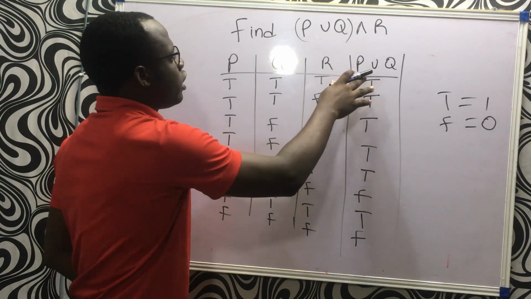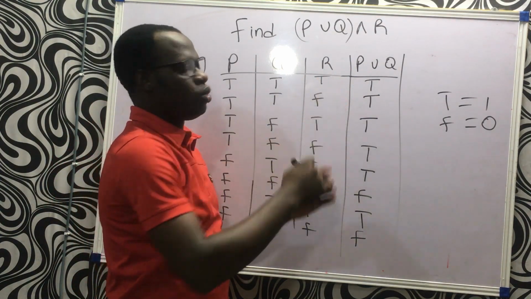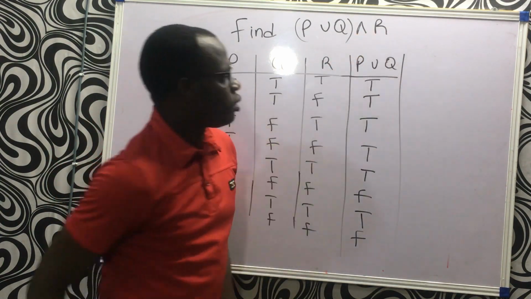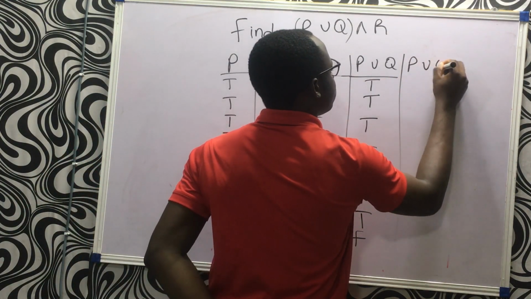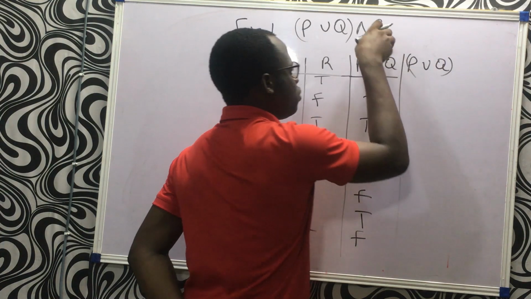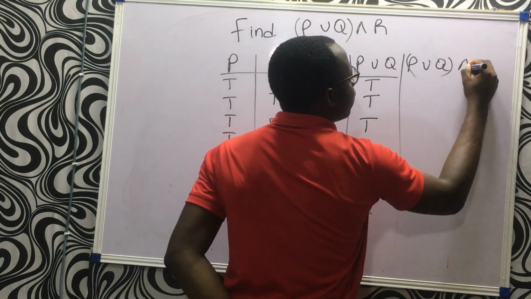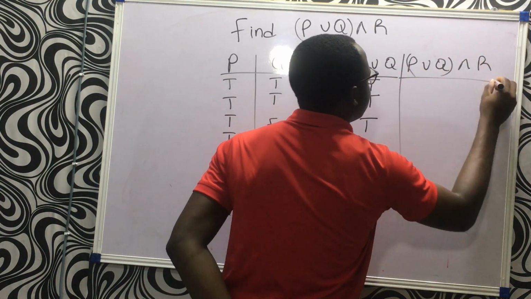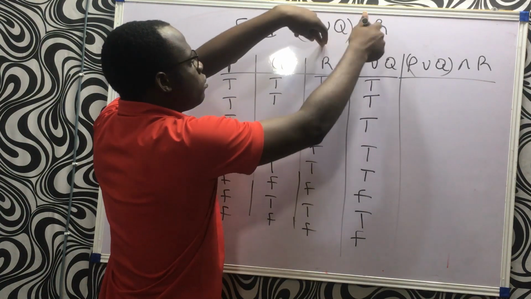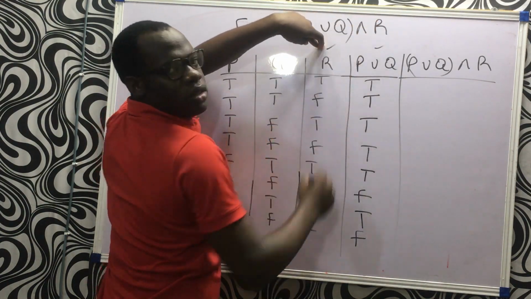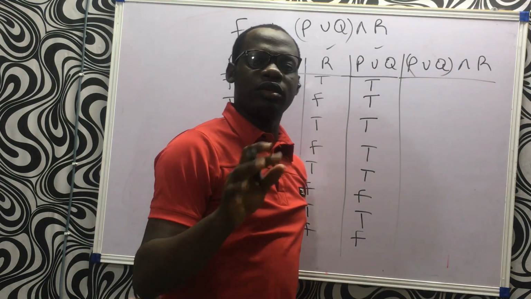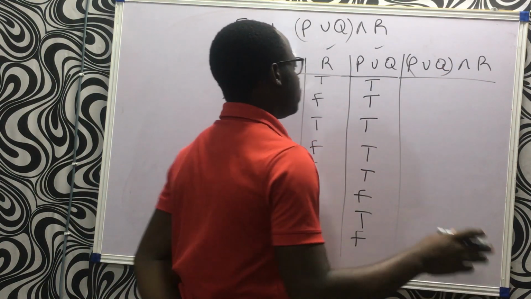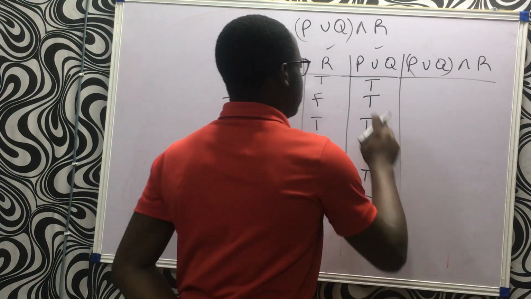Now we have taken care of the brackets. The next thing to do is to AND this with R. So picking this column and this column. Now we have AND. Remember, I said you can make use of the law of multiplication.